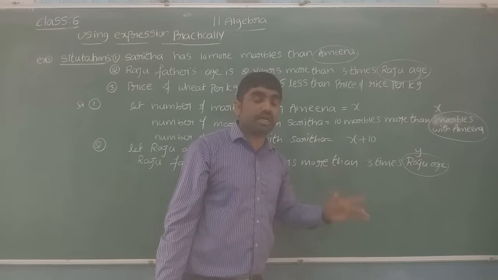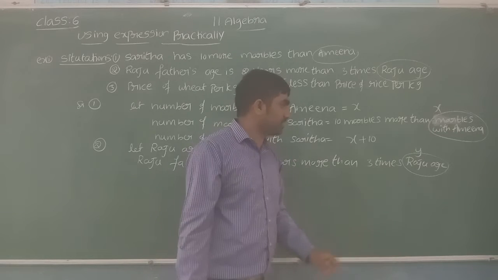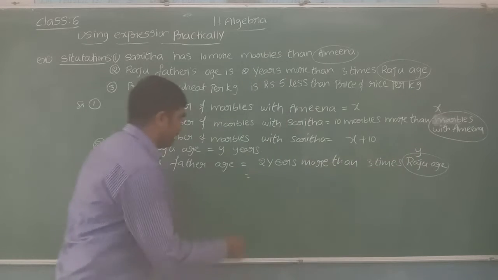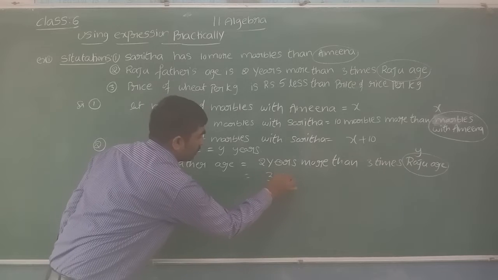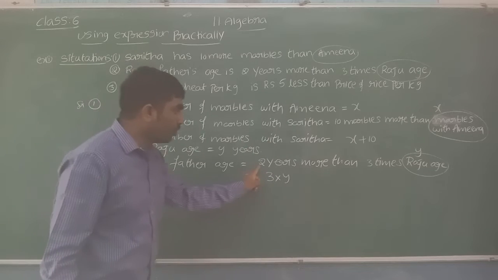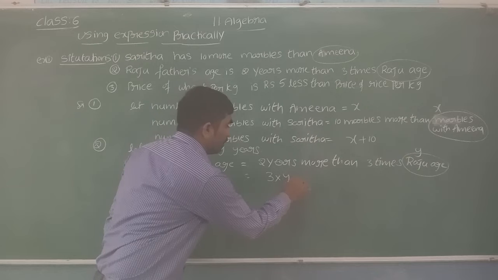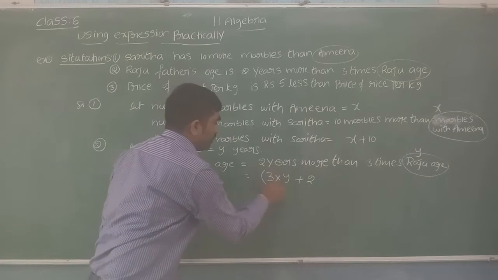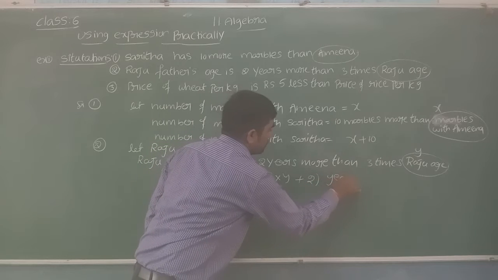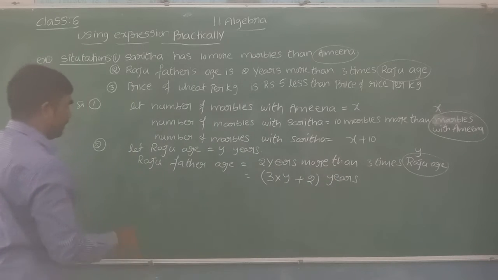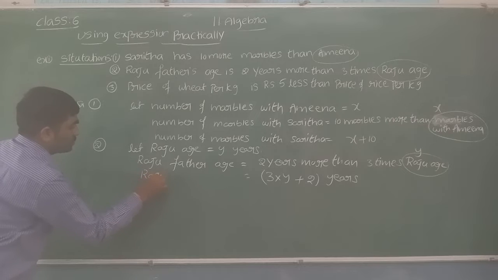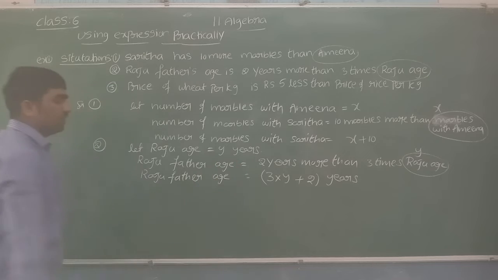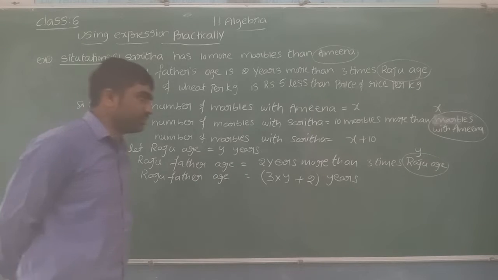More than, plus; greater than, plus; less than, minus; times of, into. 3 times of Y, we can write 3 into Y. 2 more means plus, more than means plus symbol. So 3 into Y plus 2 years. So this is the father's age. Raju's father's age is 3 into Y plus 2 years.